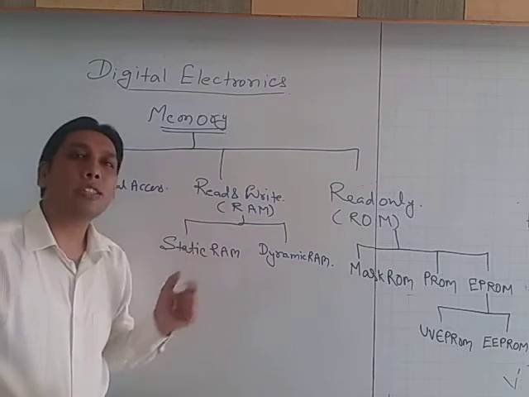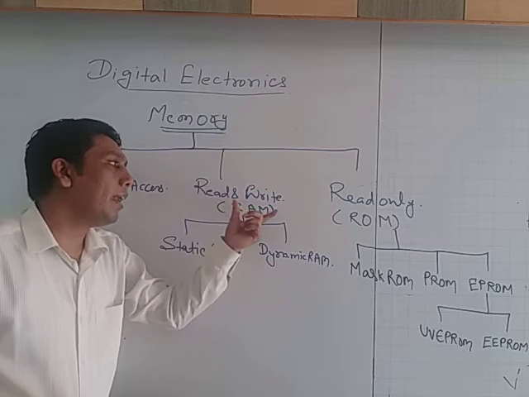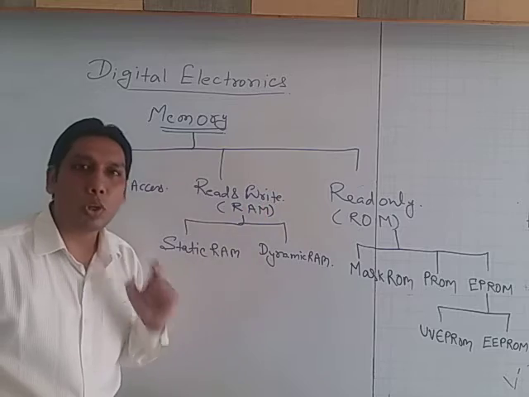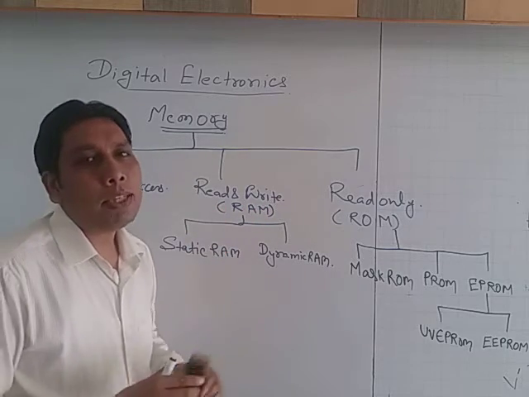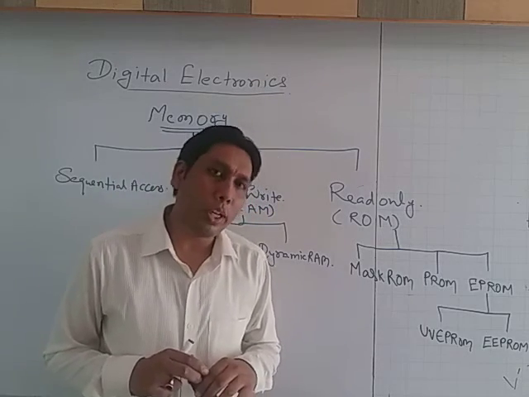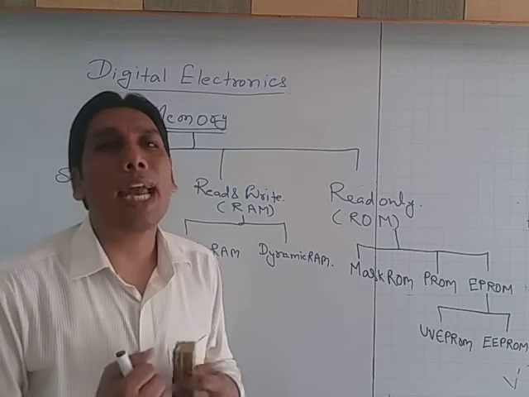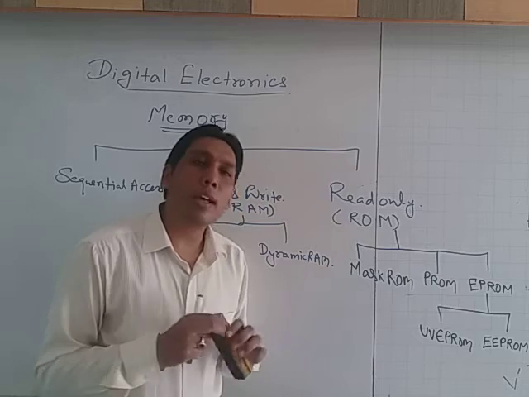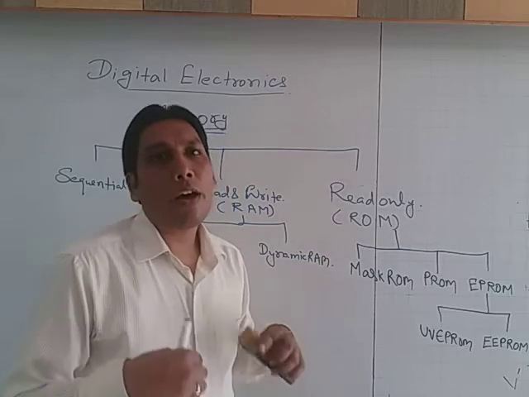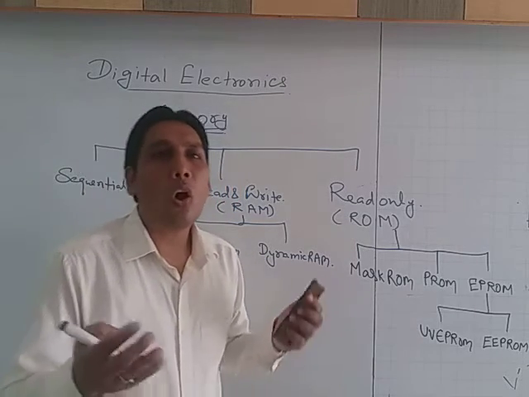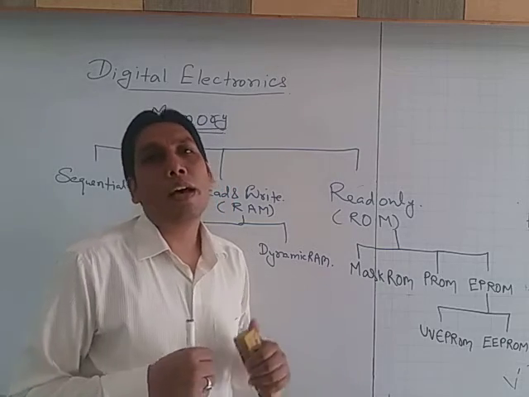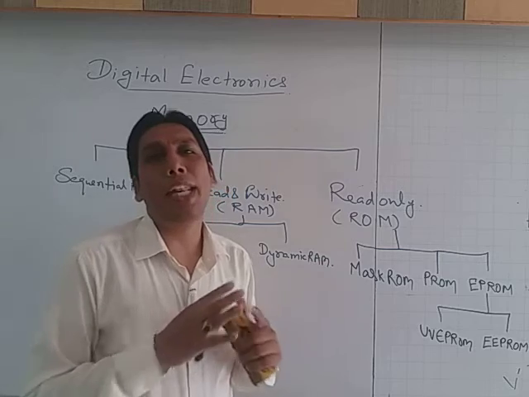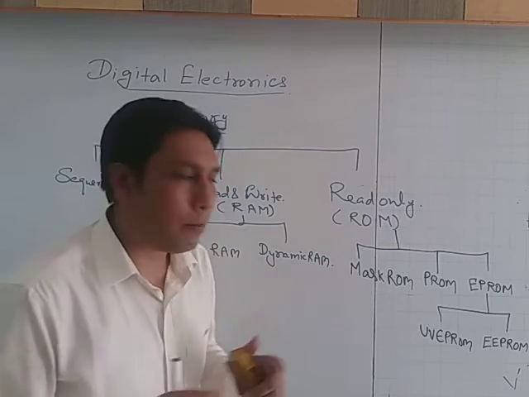The second one is read and write memory, or random access memory, that is RAM. That means it is that type of memory in which the data can be randomly accessed. A user can either write randomly, or read the information randomly from any location at any time.